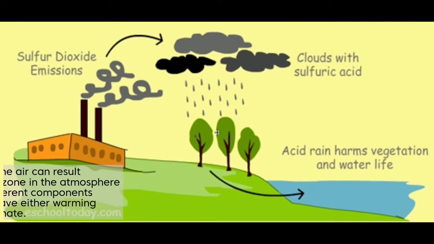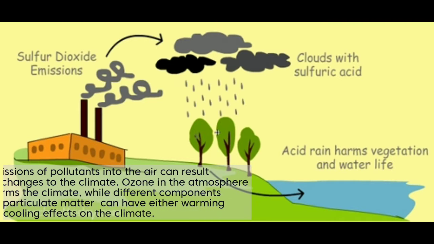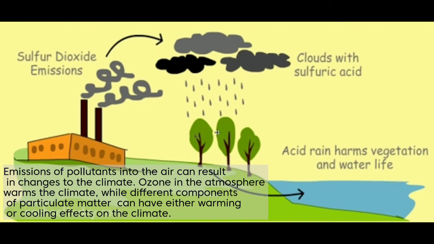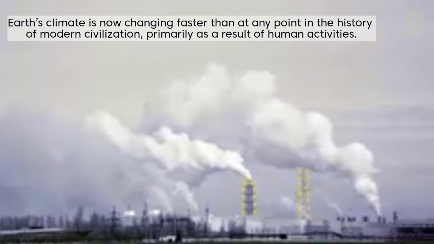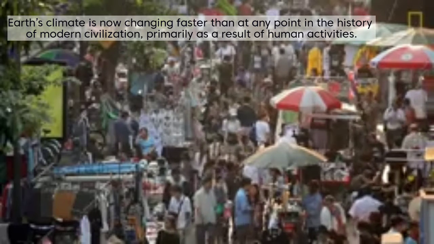Emission of pollutants into the air can result in changes to the climate. Ozone in the atmosphere warms the climate, while different components of particulate matter can have either warming or cooling effects on the climate. Earth's climate is now changing faster than at any point in the history of modern civilization.